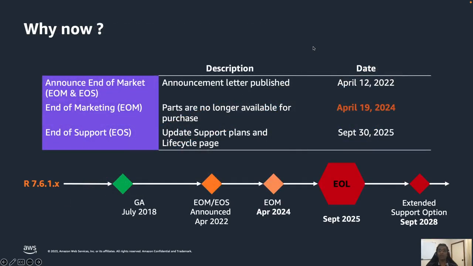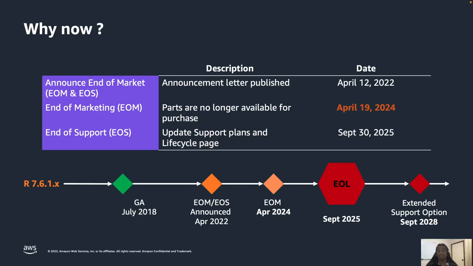All right, so why are we talking about the upgrade from IBM Maximo to MAS 8? Maximo 7.6.1, which is the latest release of Maximo 7, is the last release of Maximo Asset Management 7. IBM announced the end of support for Maximo 7 in April 2022, with the end of marketing date as April 19, 2024. Right? Now, what does end of marketing mean?